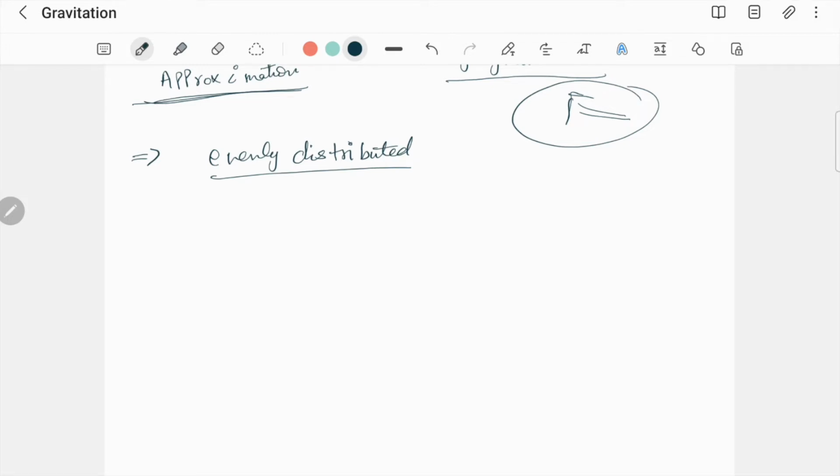It does not matter how much area or region it covers. In our formulas we consider a point mass, or refer to certain objects as point masses, just to make our lives easier. We consider that whatever mass it has is evenly distributed.